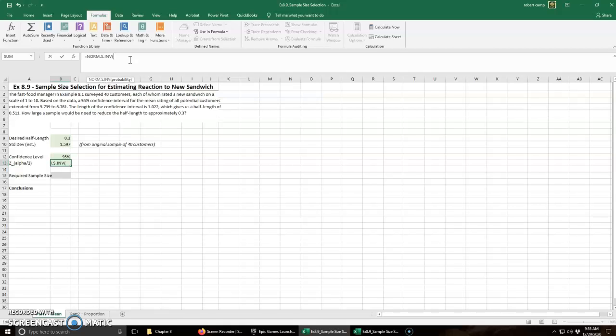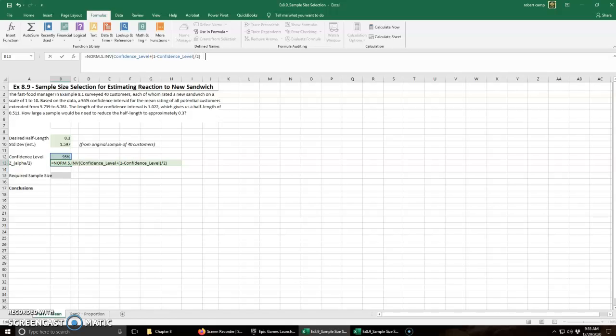Our probability is going to be our confidence level plus 1 minus our confidence level, and we want to put those in parentheses and divide that by 2.